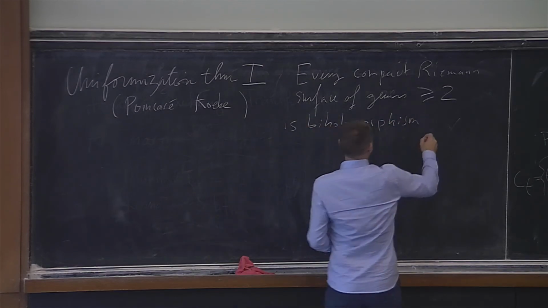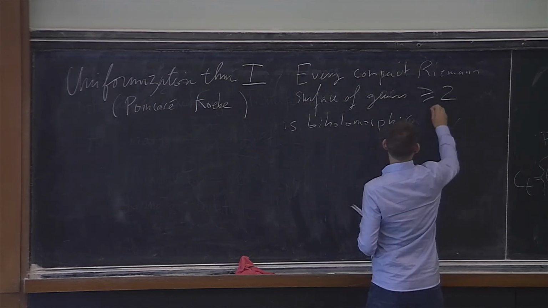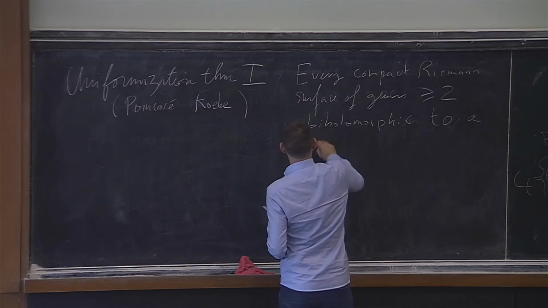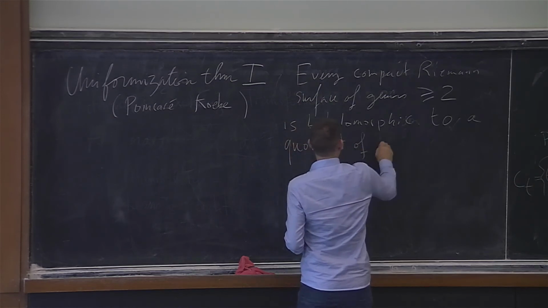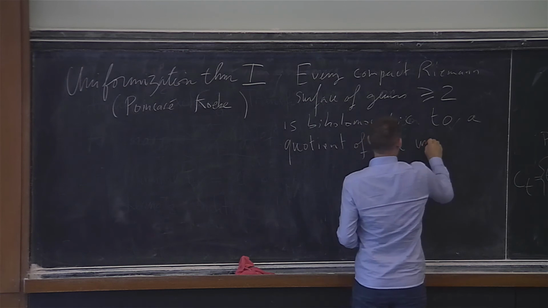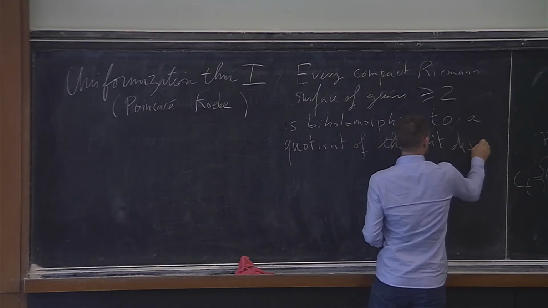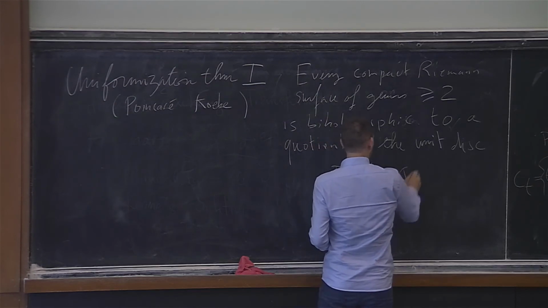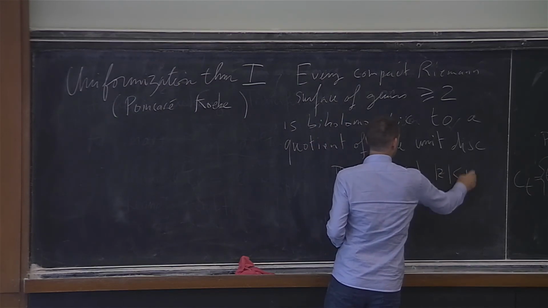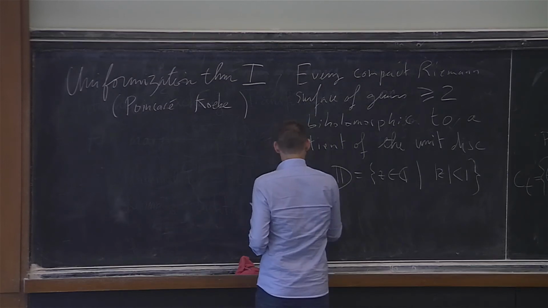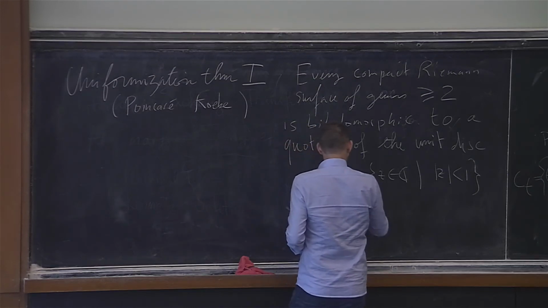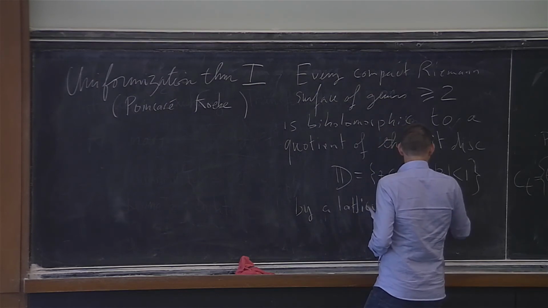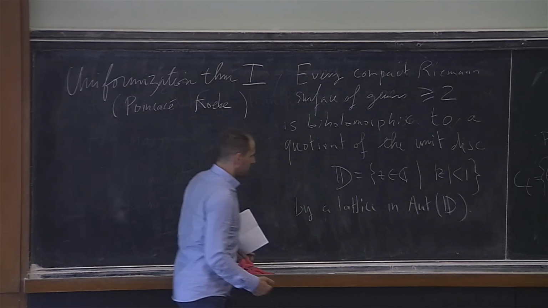group. Biholomorphic to a quotient of the unit disk, so the set of complex numbers of modulus less than 1, by the lattice in its group of automorphisms.